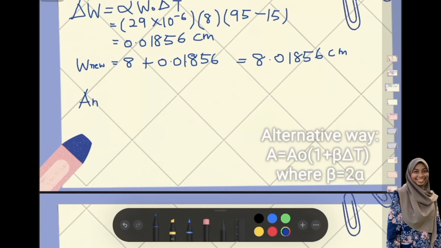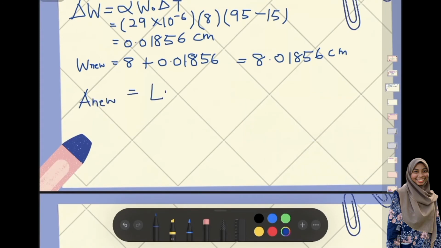New area is equals to L new times width new.